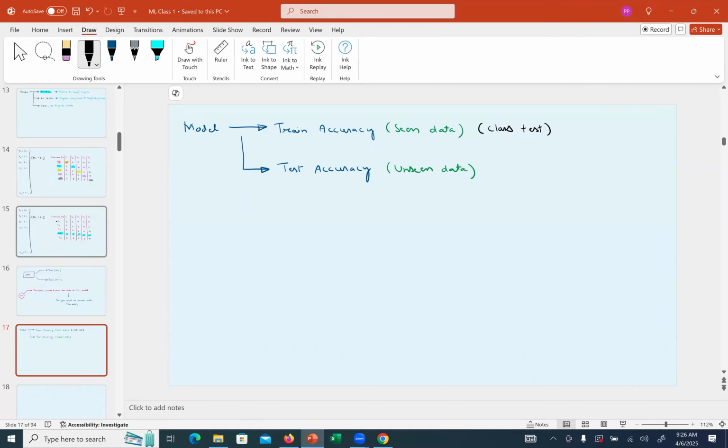Okay. And similarly, once we feel that the student is ready, we will be conducting the board exam. What is this board exam? In the board exam, there will be questions coming which the teacher might not have covered in the class, right? But the concept is covered, right? But the exact question might not be covered. The same is there with training accuracy and test accuracy.